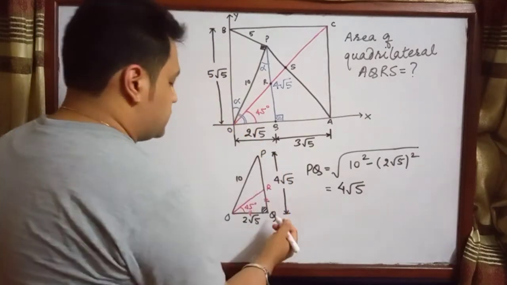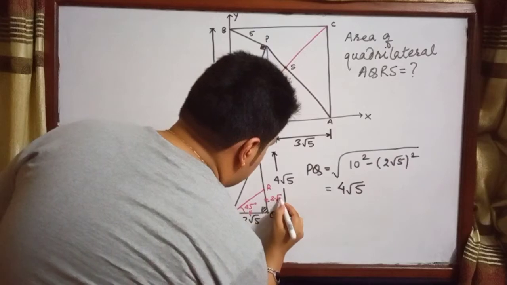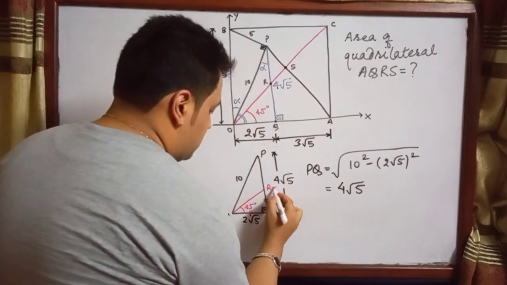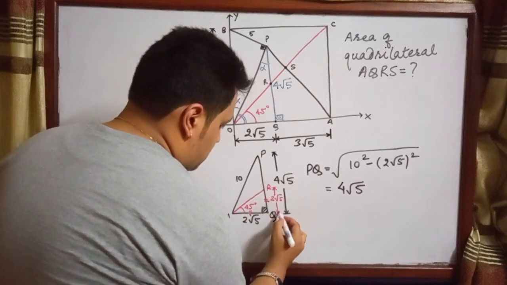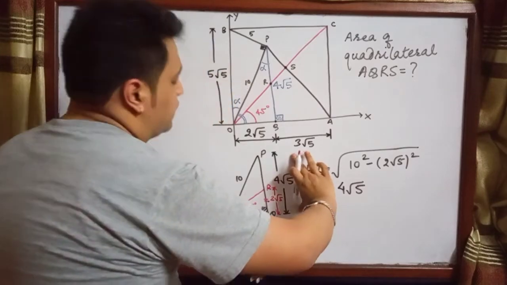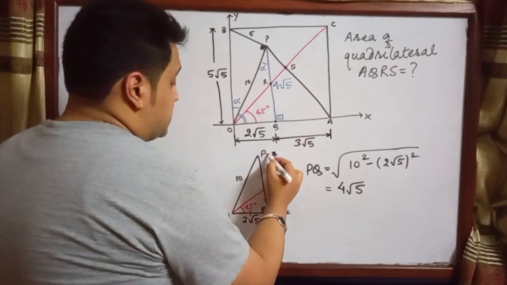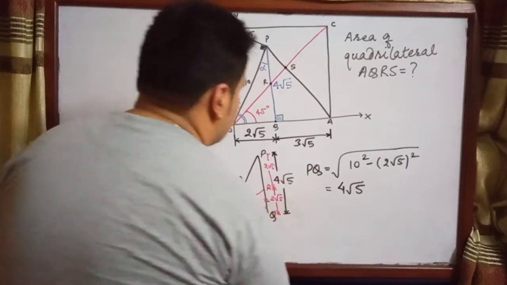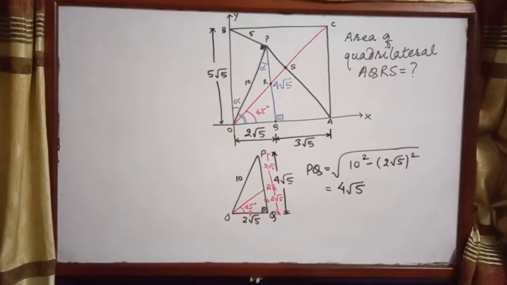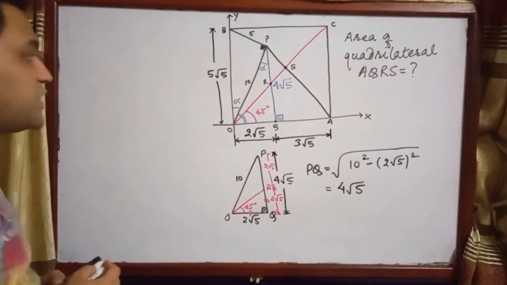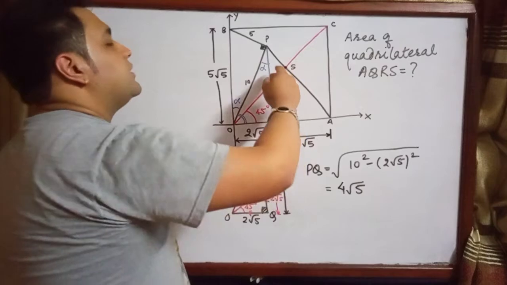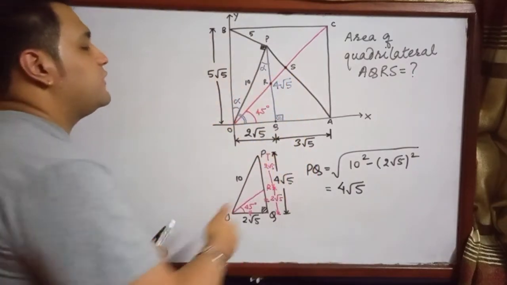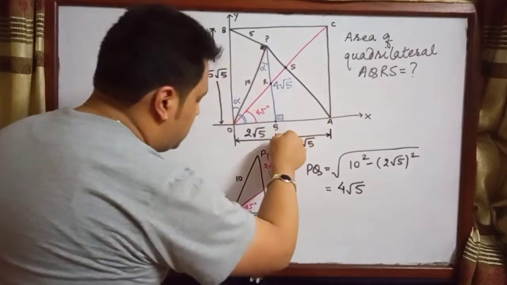So OQ is equal to QR, so this length is 2 root 5. And since this is 4 root 5, this length is also 2 root 5. As a result, we can conclude that the point R is the midpoint of the line segment PQ.